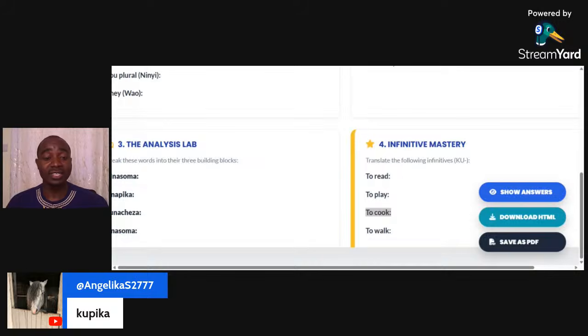Kupika. Asante dada Angelka. Kupika. Vizuri sana. Last one is to walk. To walk in Swahili.